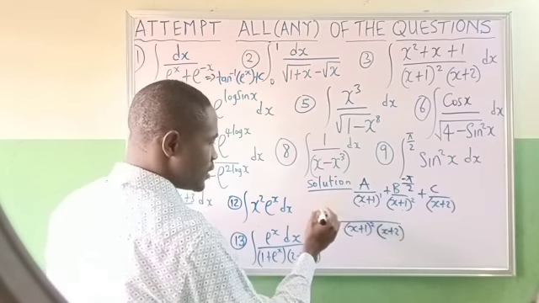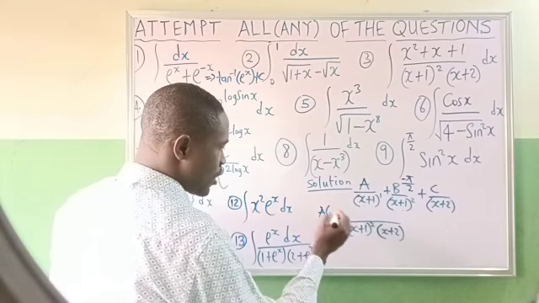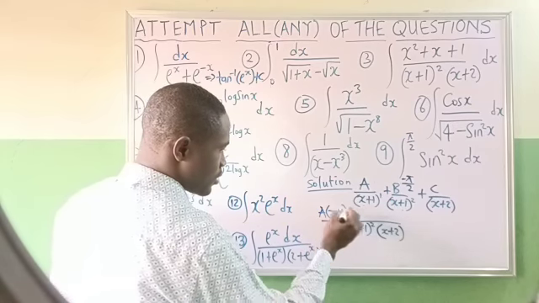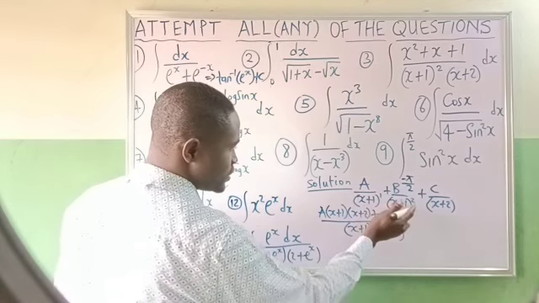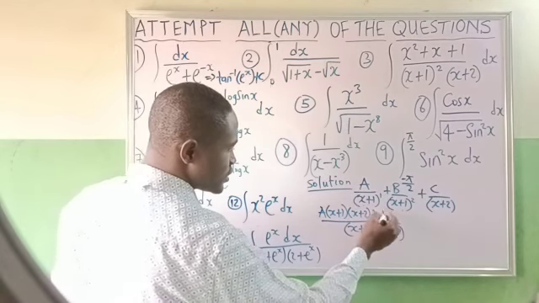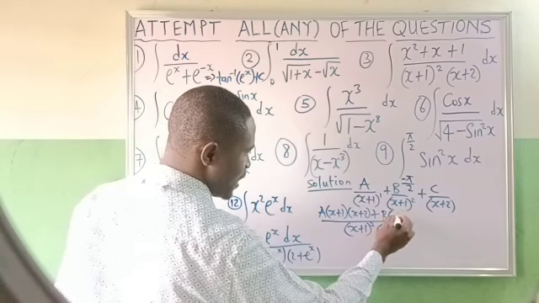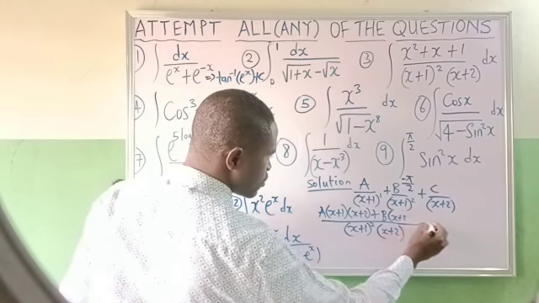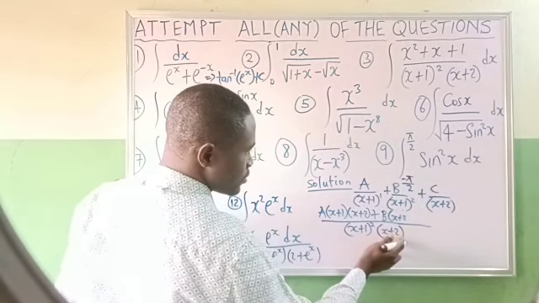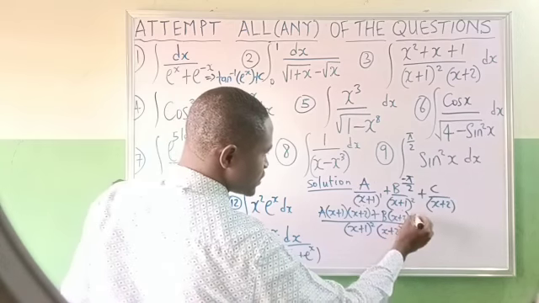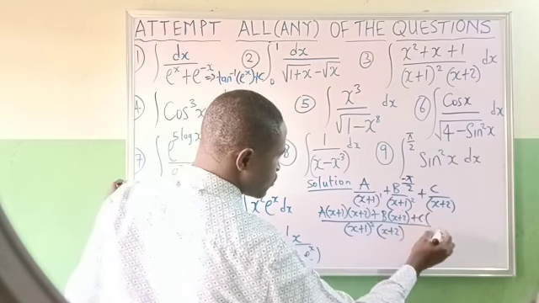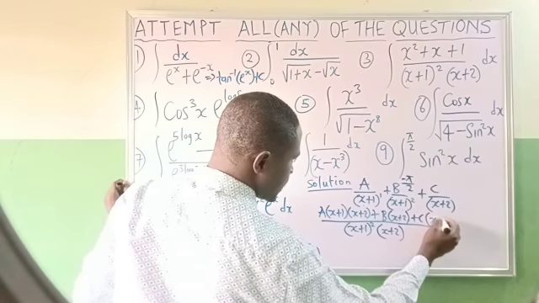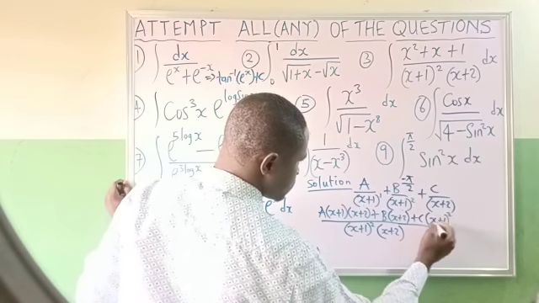This times A, I will have A bracket 1 of this that remain, then bracket x plus 2, plus this divide this, it will remain this, B bracket x plus 2, then this one divide this, it will remain C bracket x plus 1 all square.